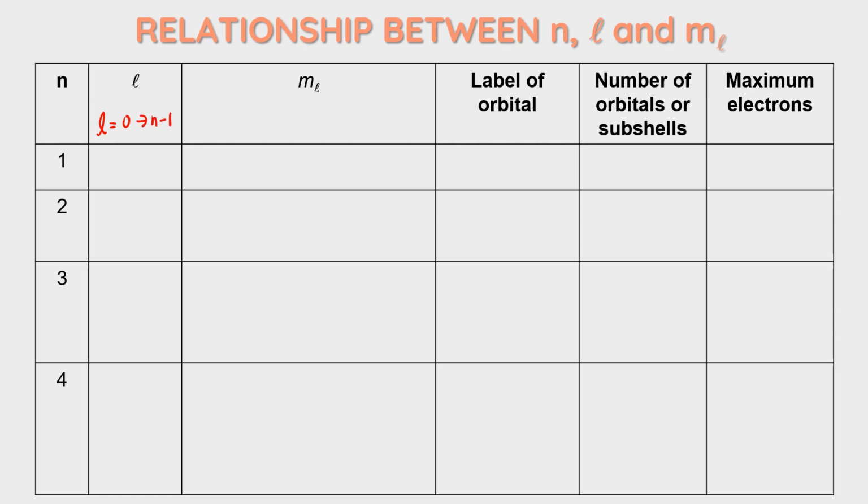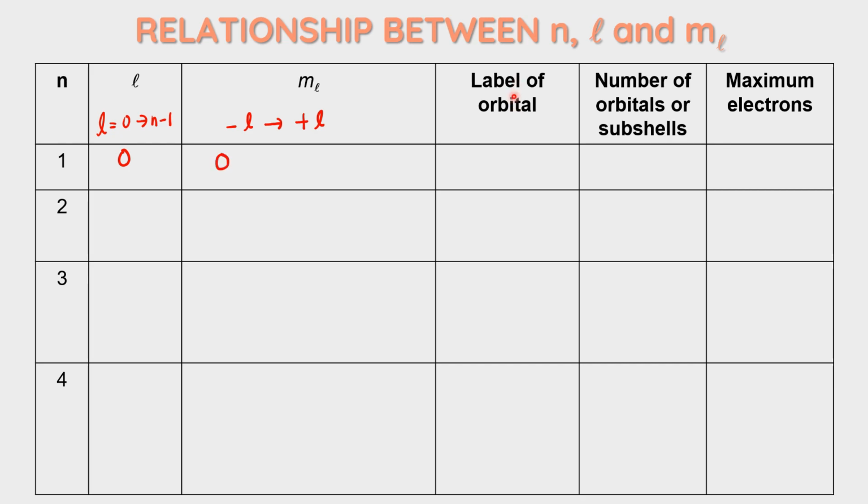So in this case, when the value of n is 1, l values will be 0 only. And then for the value of ml, we take the value from negative l until plus l.